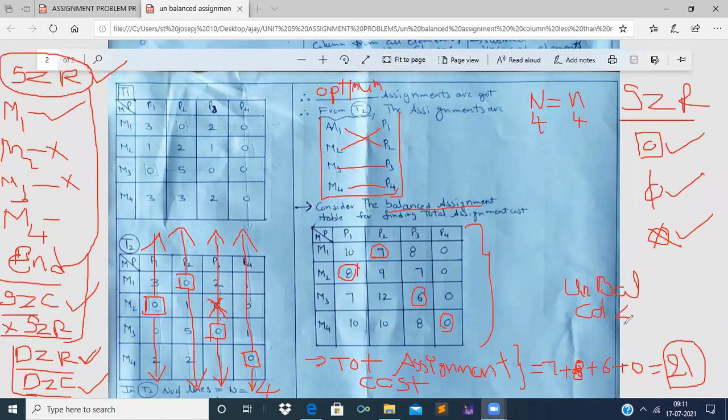So see here, the number of columns is lesser than the number of rows in this problem. So this kind of unbalanced problem is also finished. So it is the end of the assignment problems unit. By this day, we can conclude that this unit, assignment problems, is finished.